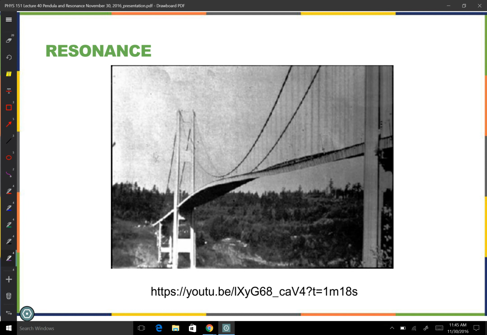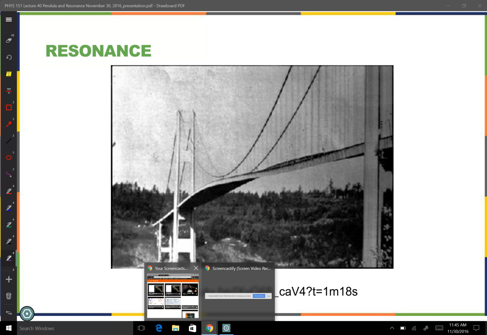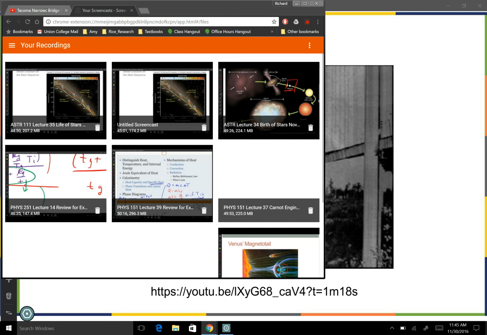But if you just look at the basics of resonance, it has a certain frequency where it can oscillate. And if you push it at that frequency, you're going to constantly be putting energy in so the oscillations get bigger and bigger. That is what happened with Tacoma Narrows. So I'm comfortable using it, even if I have other people in this world who think that it's a horrible, horrible thing.